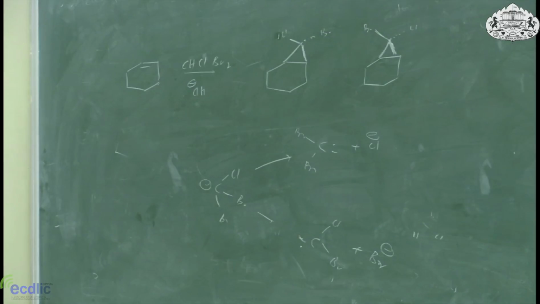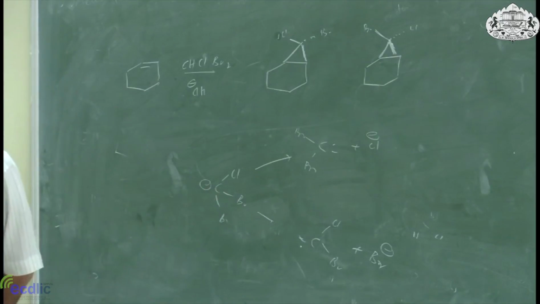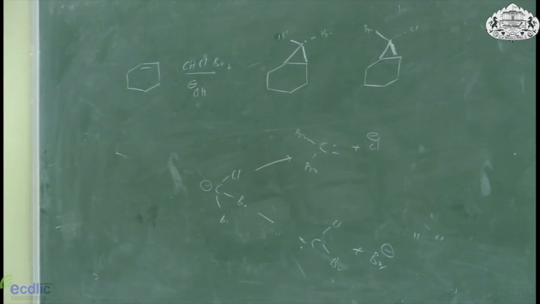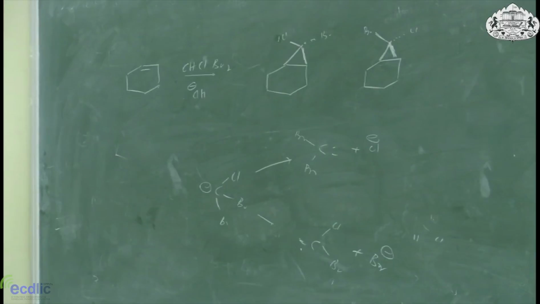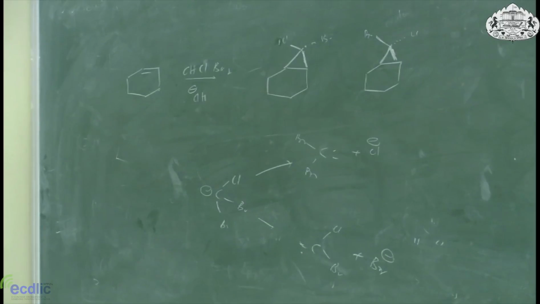But what we have to see is, when I break the bond, the carbon-bromine bond is weaker than the carbon-chlorine bond. Or in another language, Br minus is a better leaving group than Cl minus. Even in nucleophilic substitution, reaction of RBr is faster than reaction of RCl. Okay. All right.